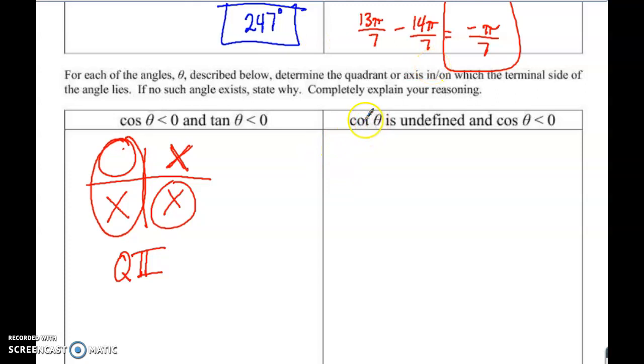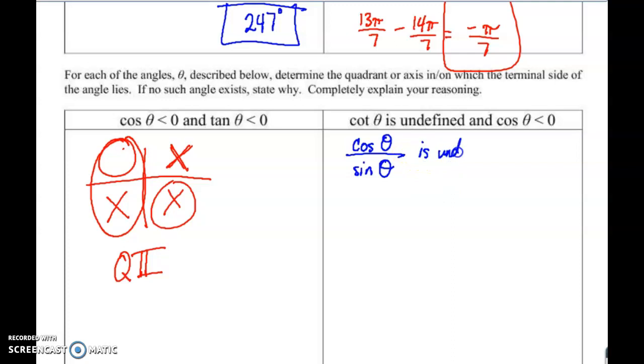Okay, looking at the next one. Now this one you could definitely write out that cotangent of theta is cosine over sine. Remember, cotangent is the reciprocal of tangent, and since tangent is sine over cosine, then cotangent must be cosine over sine. There we go. Hopefully I said it correctly that last time.